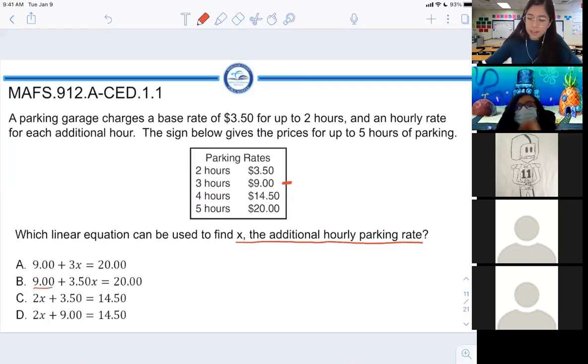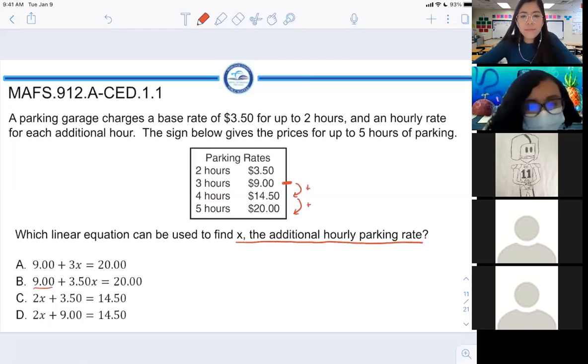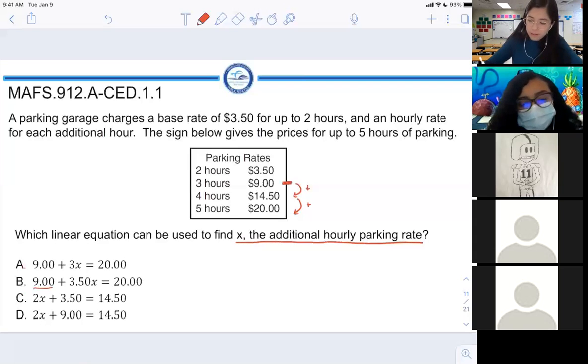So it's basically asking, okay, how much is it going to be for 1 hour from here on out? Like, how much is it adding? 5.50, good. That's what X is, 5.50.